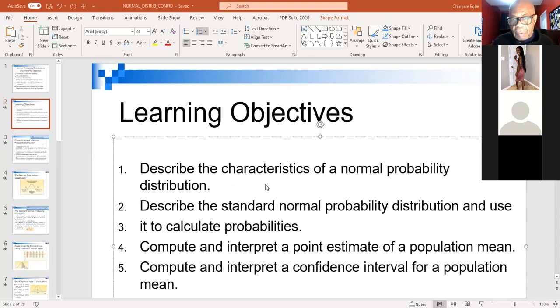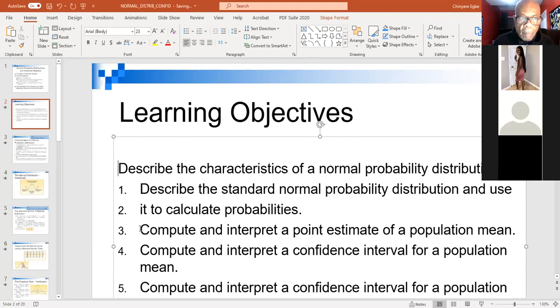We're going to be able to describe the normal probability distribution, describe the standard normal distribution, and compute and interpret estimates, do confidence intervals, and also interpret confidence intervals.